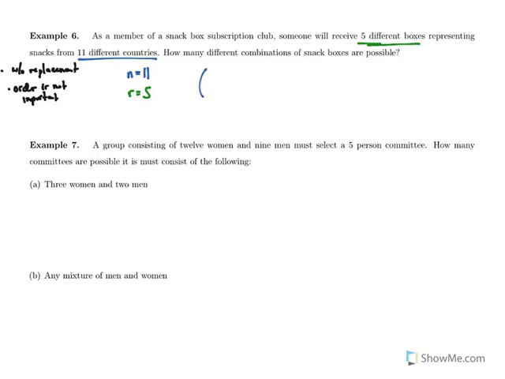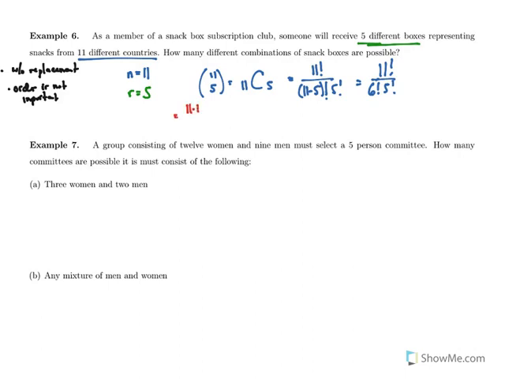So this is going to be 11 choose 5, which we write as 11C5, which is 11 factorial over 11 minus 5 factorial times 5 factorial, which is 11 factorial over 6 factorial, 5 factorial.